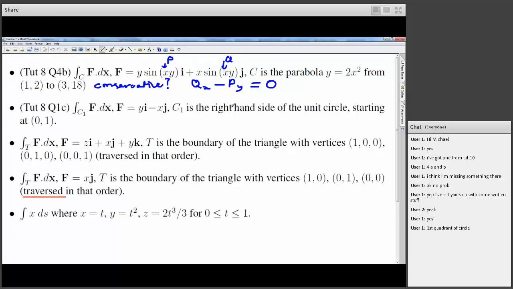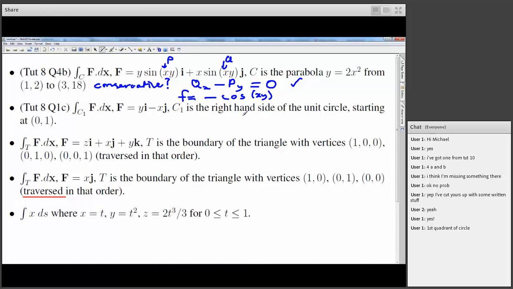In that case, fantastic, it is conservative, and that means you can use the fundamental theorem of line integrals, so you can work out the potential function. If you integrate P with respect to x and keep going, you can work out what it is, and just by looking at it, I think the potential function would be minus cos xy, plus c.